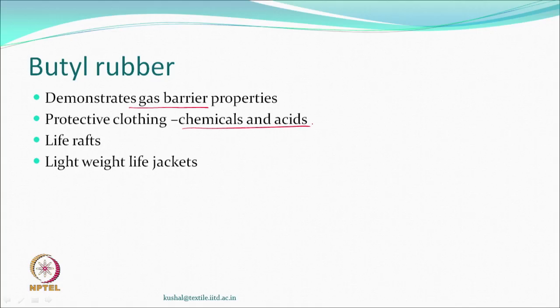This rubber can be used for protection against chemicals, acids, and so on and so forth. So, you have aprons for the protection of the workers, for that matter. Jackets, lightweight jackets can be made, rafts and so on and so forth, which require a fabric.